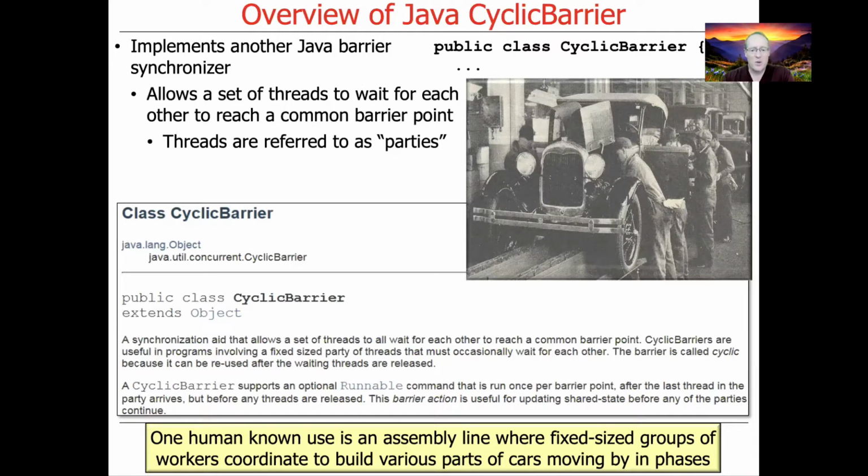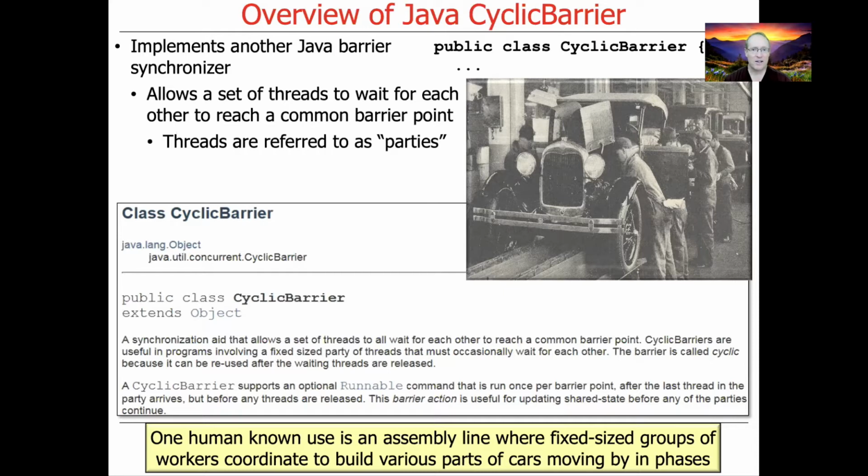One human known use of the barrier synchronizer, which I think I alluded to when we gave an overview in a previous lesson, was that groups of workers in an assembly line could be thought about as implementing the CyclicBarrier mechanism, where the automobiles come up to them, a group does their thing, they put tires on or add the transmission or deal with windows or upholstery or other things for the car.